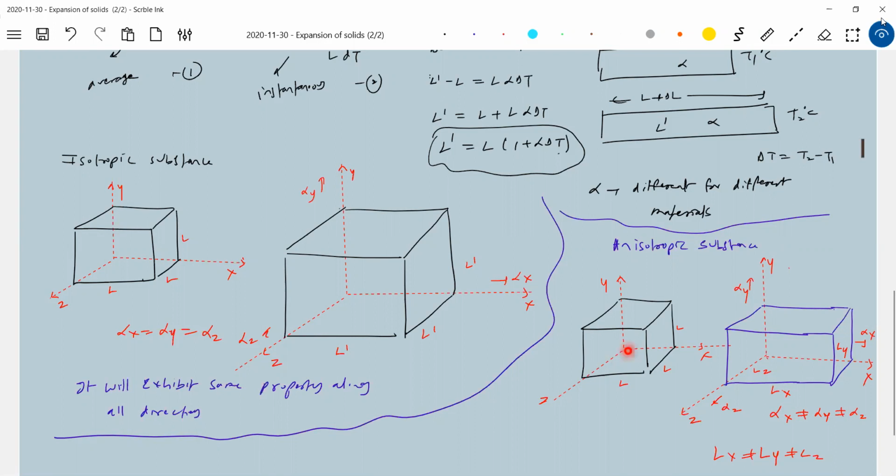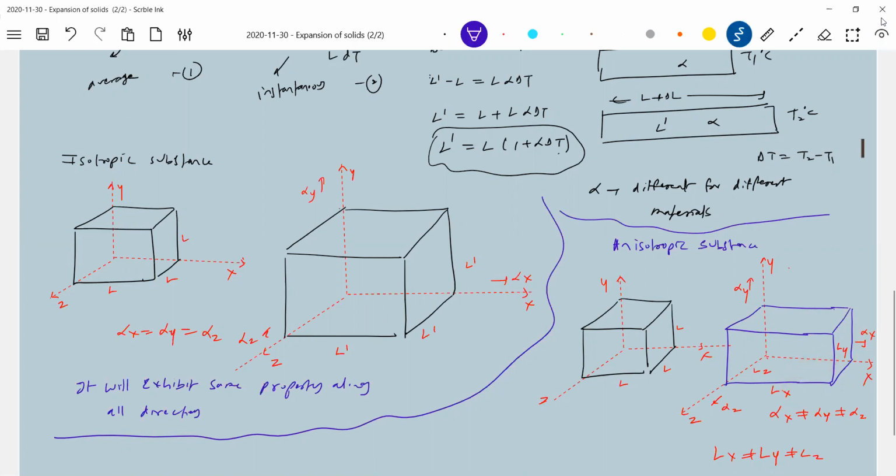It's an anisotropic substance. It will exhibit different properties along different directions. Suppose this is 10 centimeter, 10 centimeter. Then this will become, say, 12 centimeter. Here it will be around 10.5 centimeter. This will be around 11 centimeter. So what is this substance? It is having different expansion along different directions.